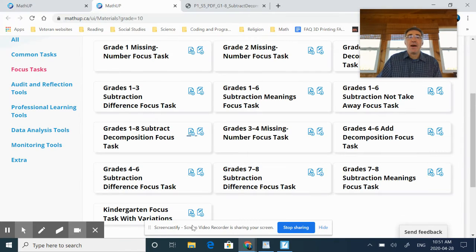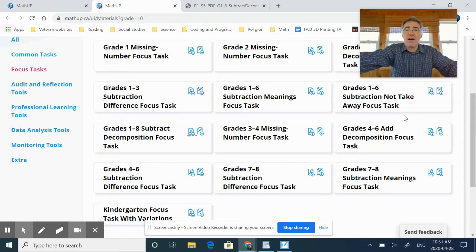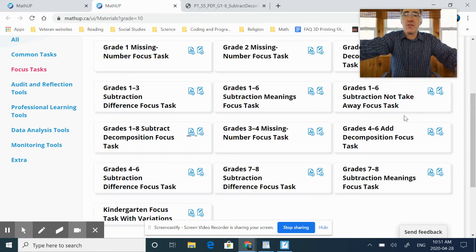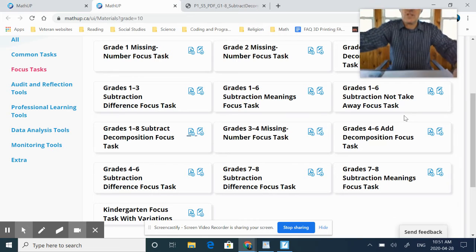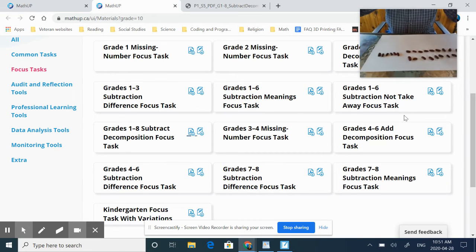So if I look at what my next one is, it's the subtraction not takeaway. And so in this particular one, it's a similar idea, but the idea behind it is not takeaway, but rather it's essentially an add situation. And so again, I'm going to have my 18.